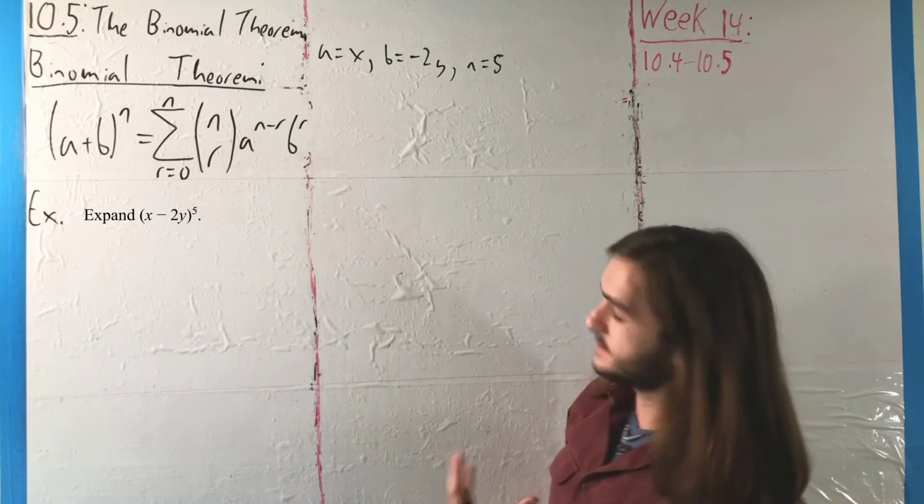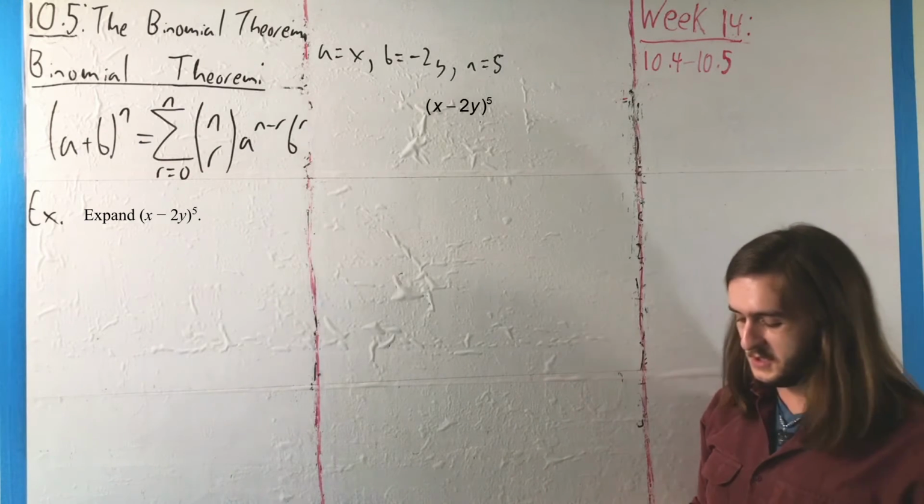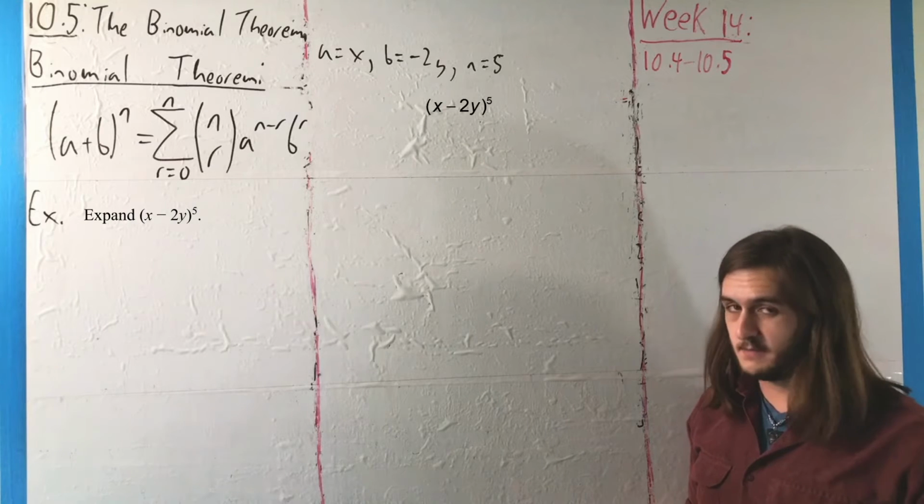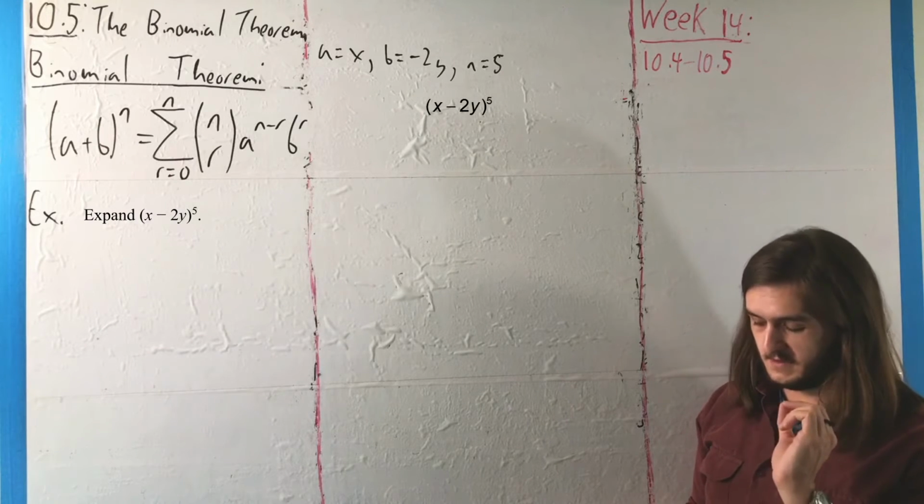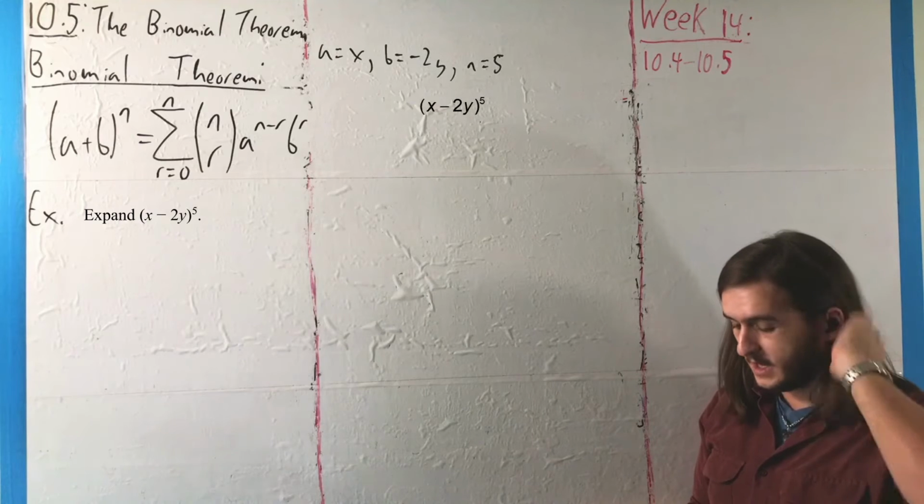So, if we want to expand (x - 2y) raised to the fifth power, we're going to have a lot of binomial coefficients, so just be patient and bear with me here.